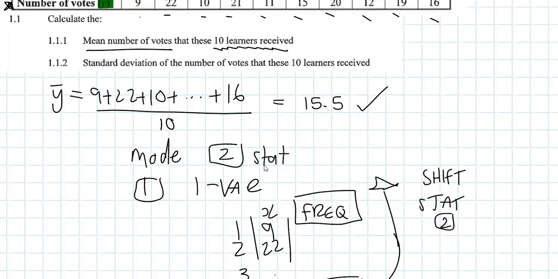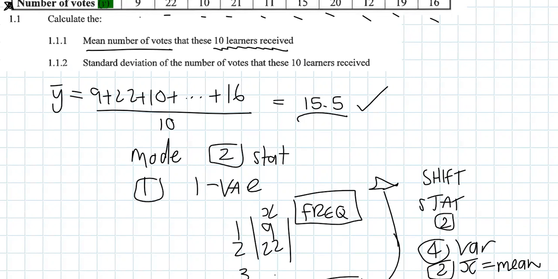The mean is under var, which for me was number 4. You press number 4, and the X bar is the representation of the mean. On my calculator it's number 2. Press equals, and it should give you your 15.5 as your answer.